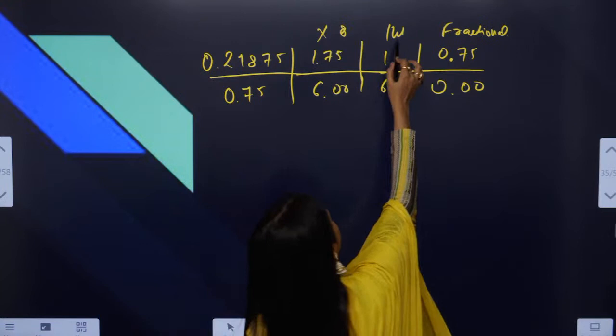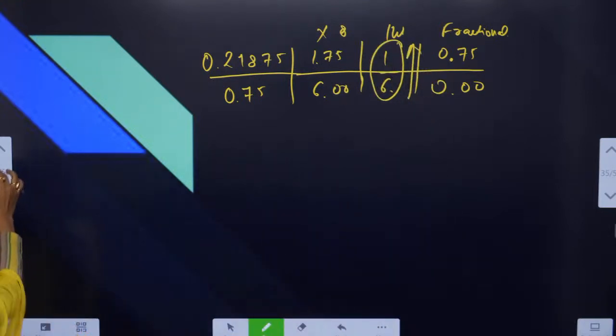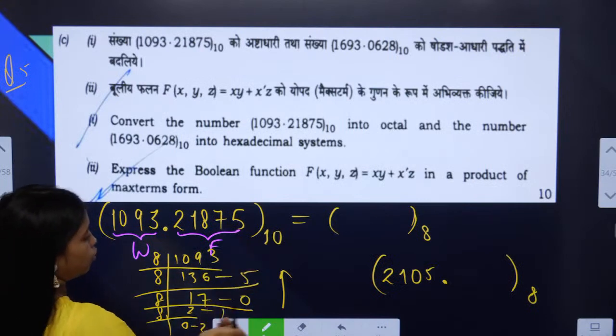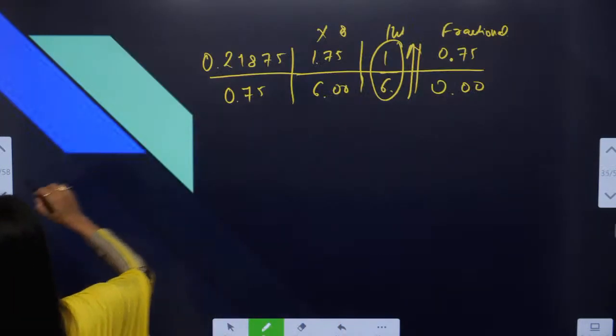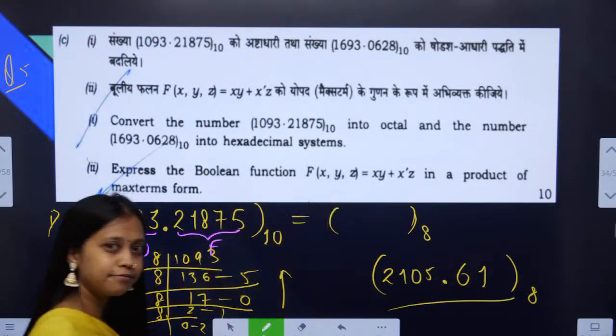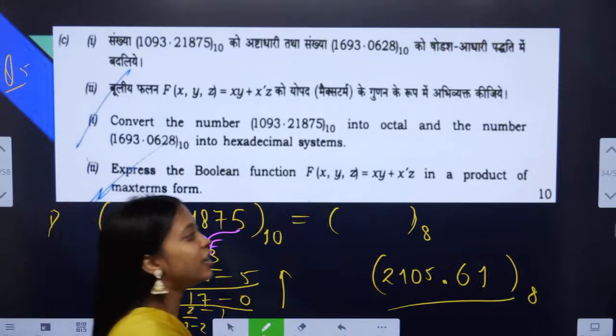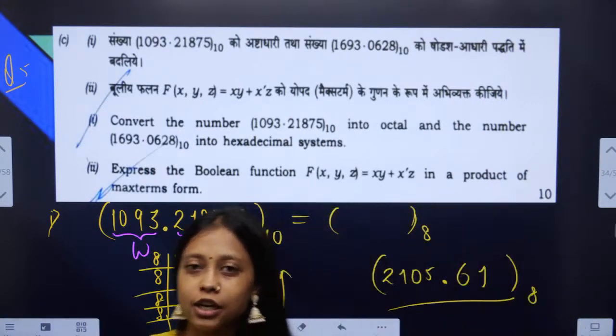Now you have to take this in the reverse order, just like the way we did here, 2105. So 2105.61. Done. If you know how to calculate and how to convert it, there was nothing, a direct question was asked.